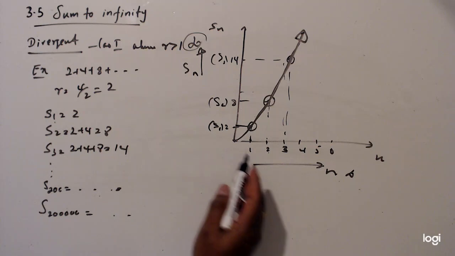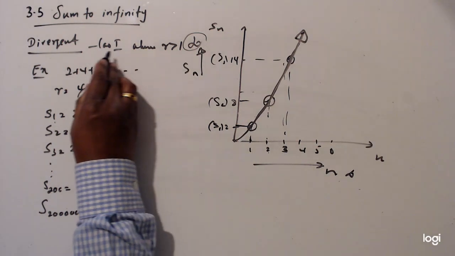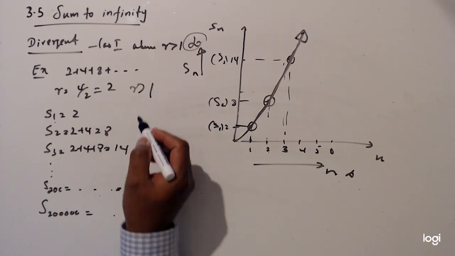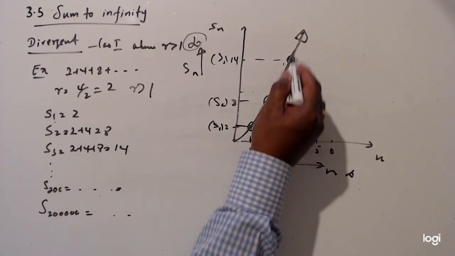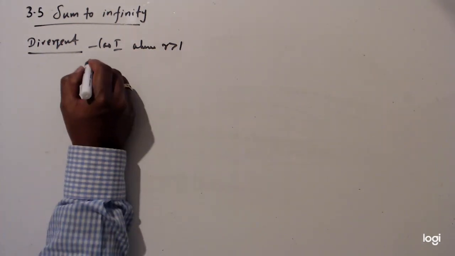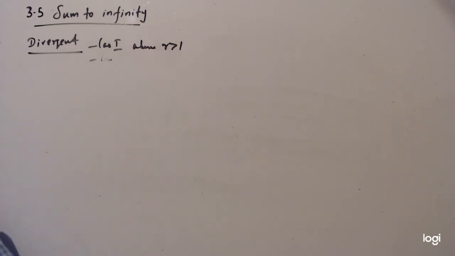So what will happen if you see a series and the r is greater than 1 like this? So it goes to the infinity, maybe negative as well. Let's discuss case 2.